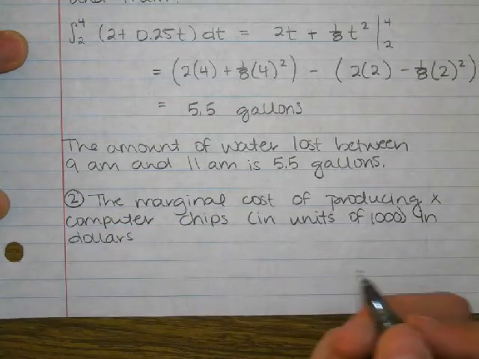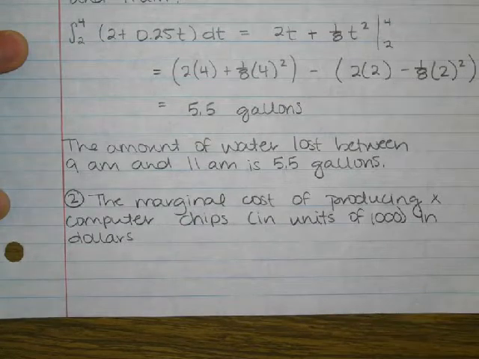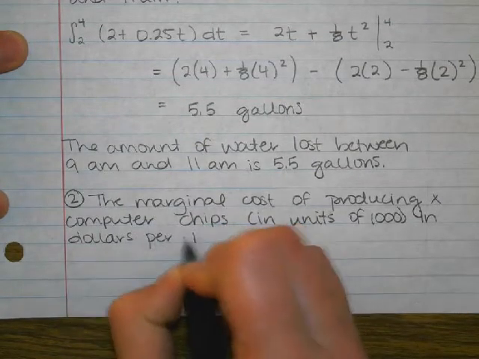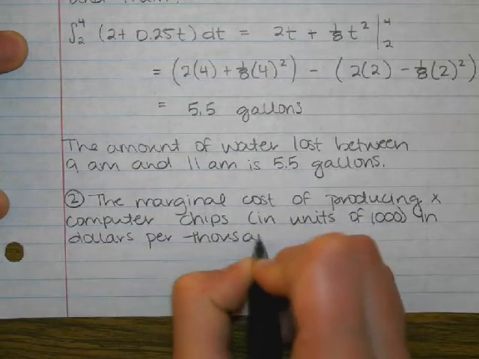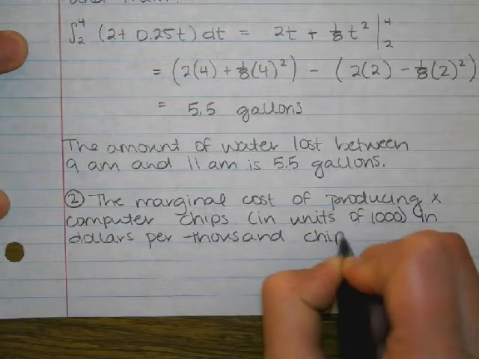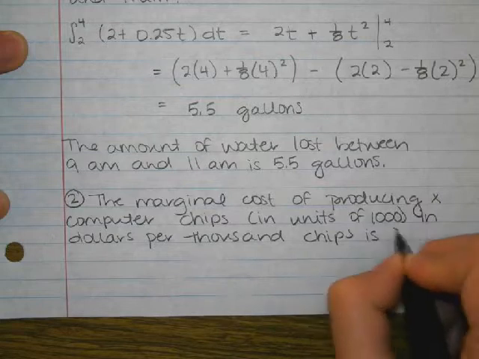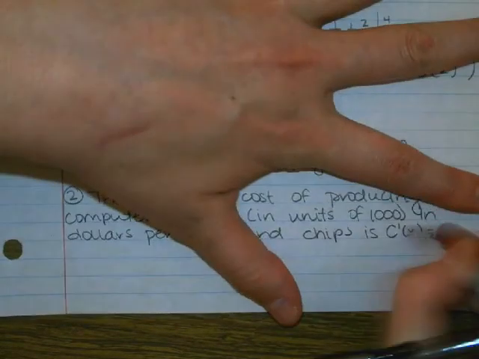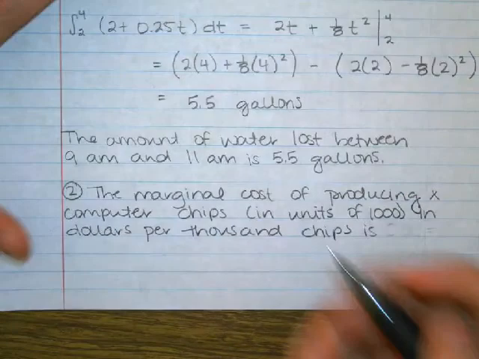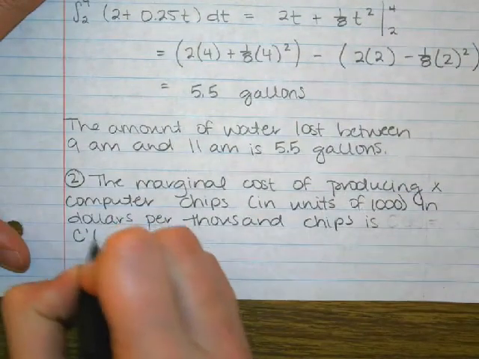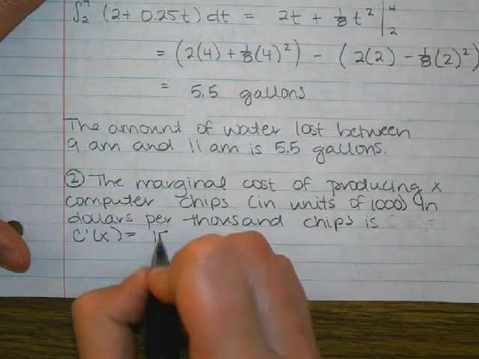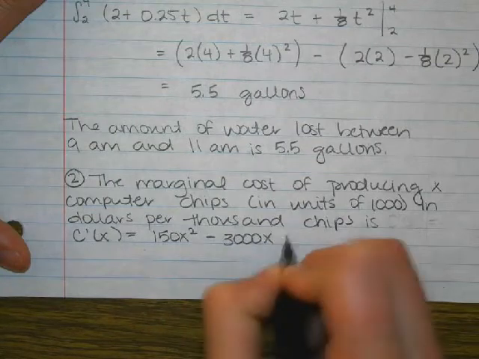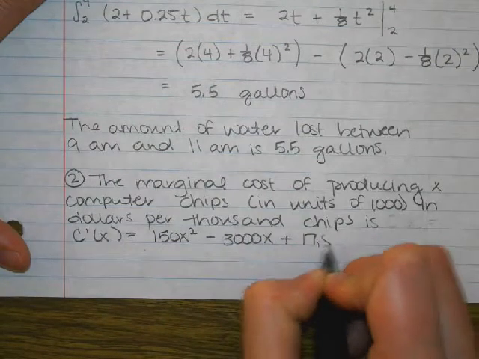And if it's per 1,000 chips, it's really per each unit of the chips. So just think of it that way. So dollars per 1,000 chips is C prime of X equals 150X squared minus 3,000X plus 17,500.